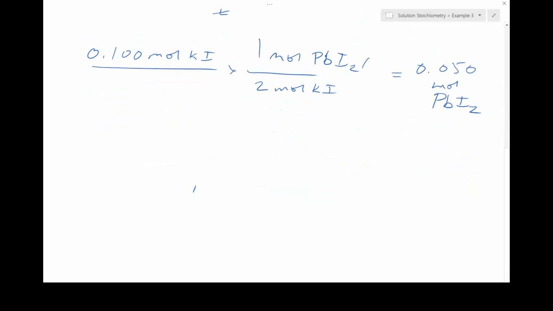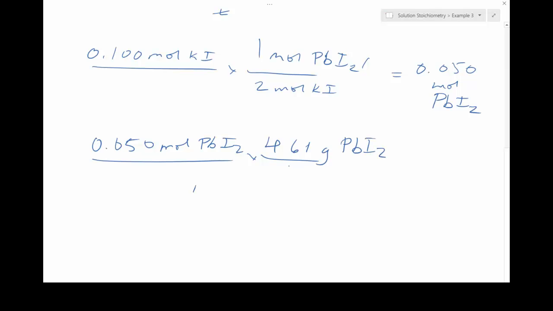And we were asked to find the grams, so 0.050 moles, and the molar mass there, I got about 461 grams per mole. And so when we solve this, finally we should get 23.1 grams PbI2, lead 2 iodide.